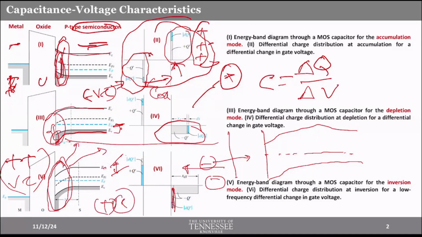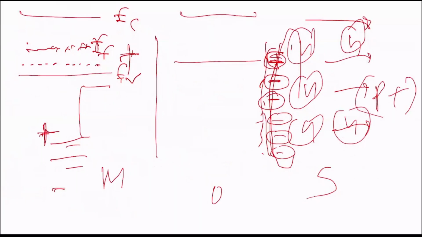You see a narrow region here. This is the region which describes that we are actually now attracting free electrons here. And now it has become an n-type material. This narrow region has become an n-type material. So we will call this an inversion.